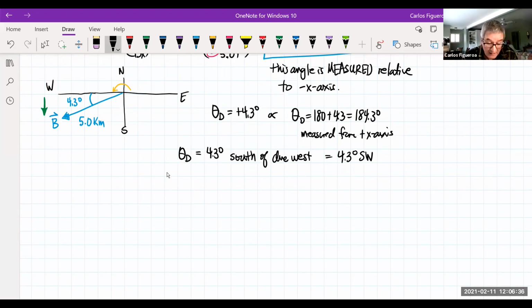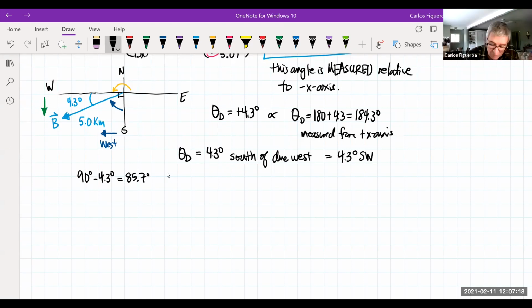Some questions are really horrendous. We could have also given the angle relative to the south axis. How do I get to this angle? Which direction do I have to go? I have to go west. We know this is a right angle, so 90 degrees minus 4.3 degrees gives me 85.7 degrees.